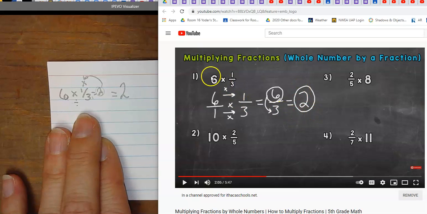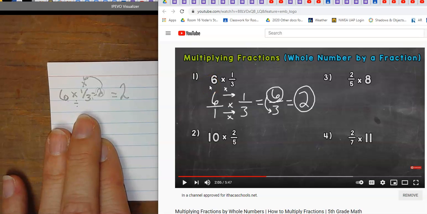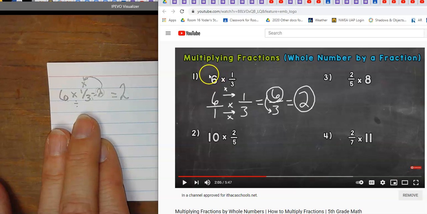A couple of other things about this. If you had to find a number that you could multiply by 6, in order for the answer to be less than 6 but greater than 0, does 1/3 work? Well, first question, is 1/3 a number? Sure it is.